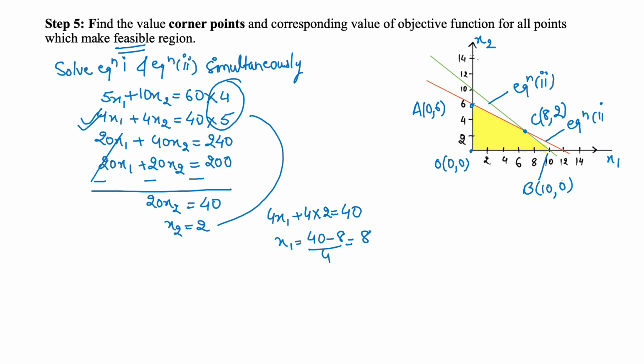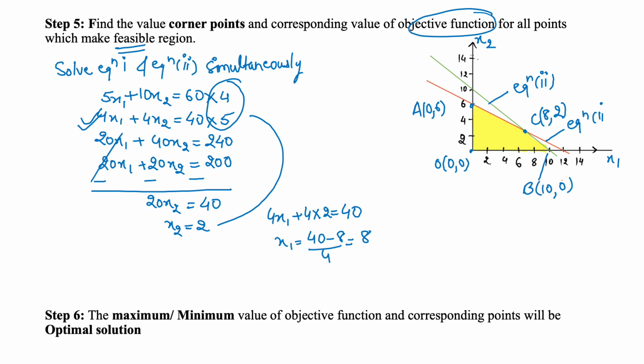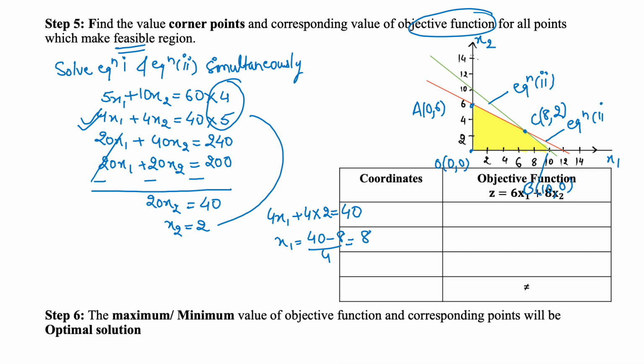Now the next step is to find the objective function corresponding to all these corner points. So I will make a table, in which I have 4 corner points. I have to identify the objective function for the 4 corner points.